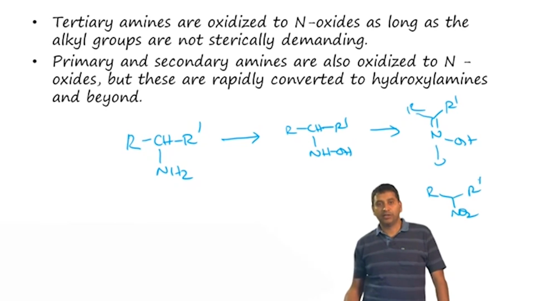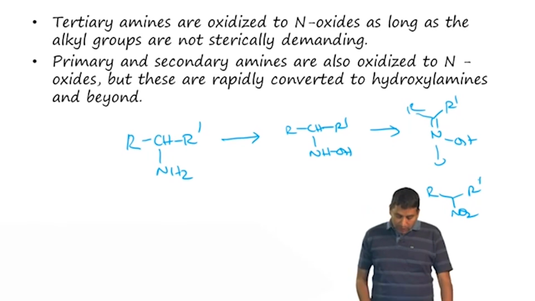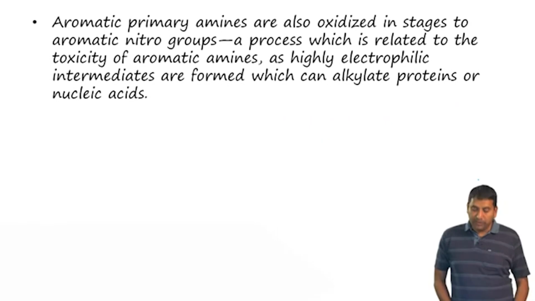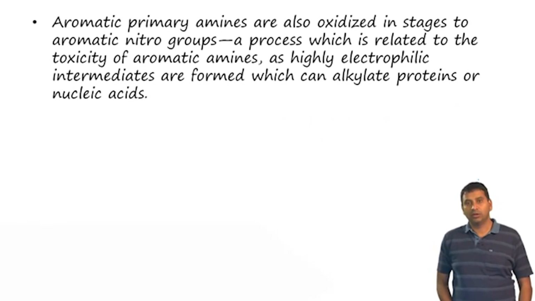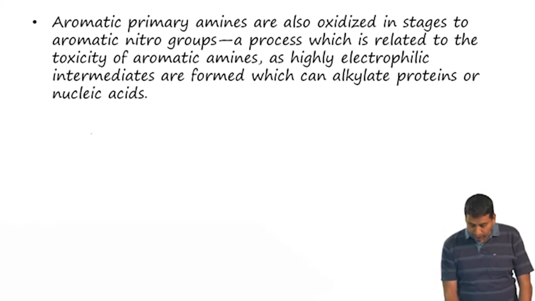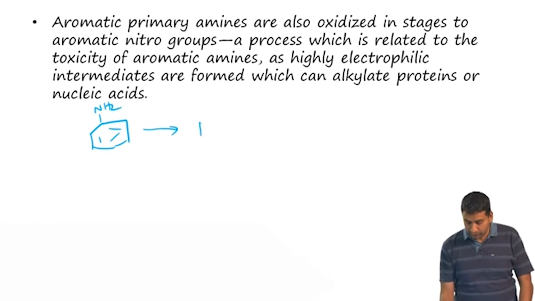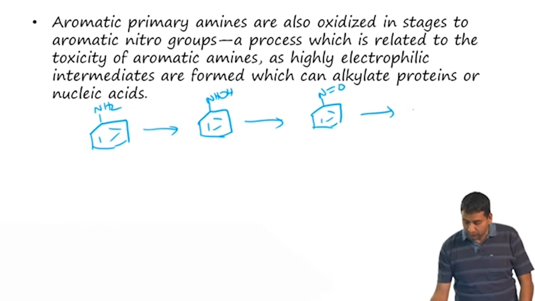Okay. So, this can also be at the terminal carbon can be attached to the amine, and you will correspondingly form the terminal carbon with a nitro group. Aromatic amines are also oxidized in stages, and so we look at if you have an aromatic amine such as aniline, this can further get oxidized to form NHOH, which can then give you correspondingly the nitroso group, which will then form finally the nitro group.